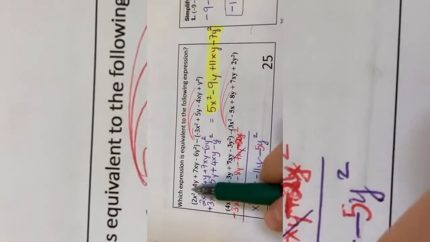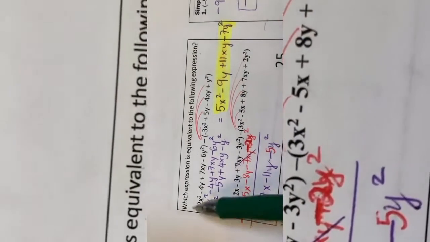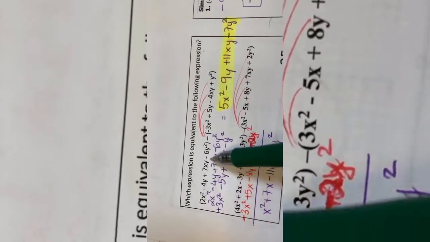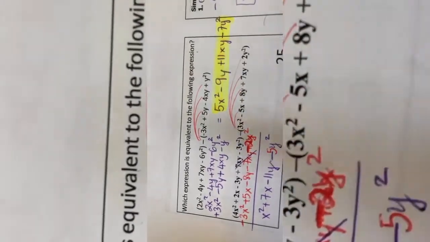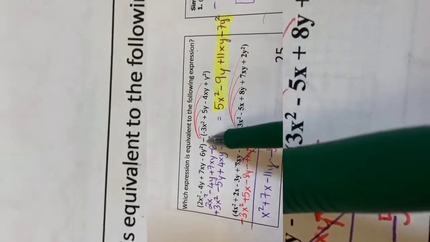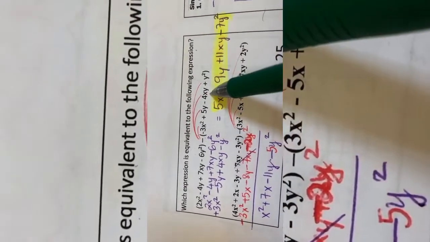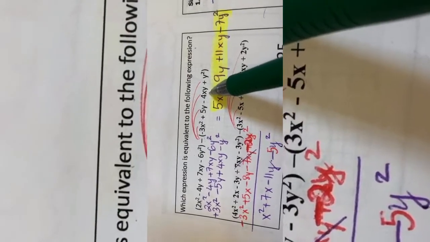Last, we're gonna have the type when they have x and y both. And they ask you which expression is equivalent to the following expression. They give you this, and then they ask you to subtract another expression. The way we do it is, if there's a subtract, we gotta distribute the subtract to each of the items after that.